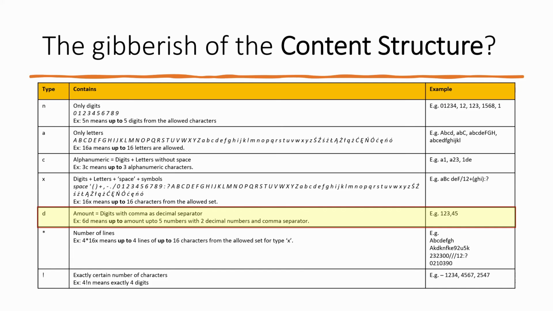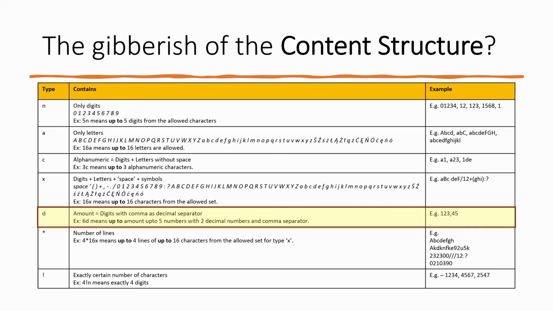Now the type D denotes digits with a comma as a decimal separator. The difference between N and D is that N can be only numbers, whereas D is always an amount. For example, if you want to mention an amount of 1000 rupees, then it should be mentioned as 1000,00. So the comma is the decimal separator.